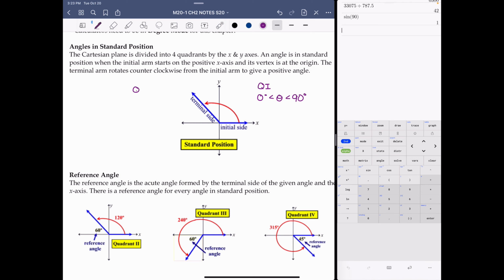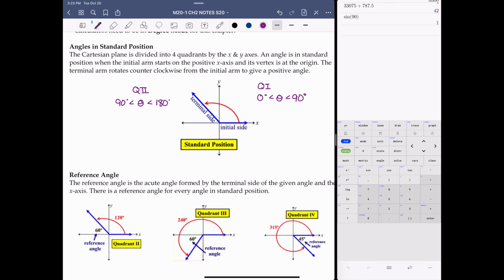Quadrant 2 would be theta greater than 90 degrees, but less than 90 plus 90, which is 180 degrees, the angle of a straight line. If we measure from here all the way to here, a straight line is 180 degrees.